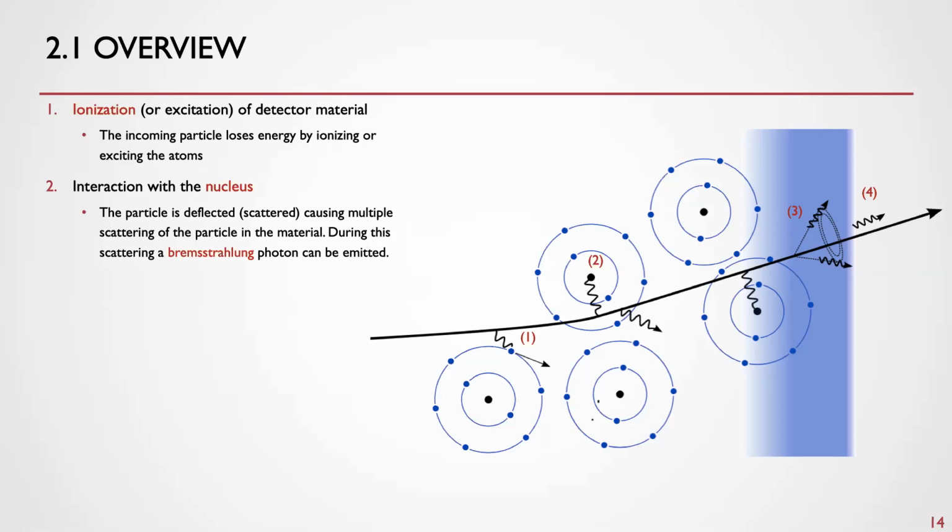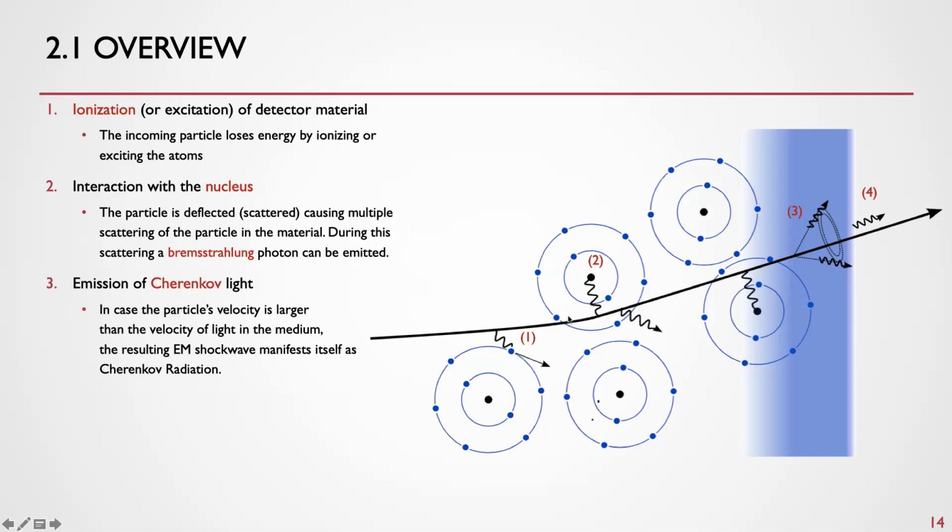So Bremsstrahlung are the photons that are emitted if a heavy charged particle is deflected at a nucleus and thus accelerated. This is the synchrotron radiation equivalent that we have already calculated, and we're going to use the formula again.